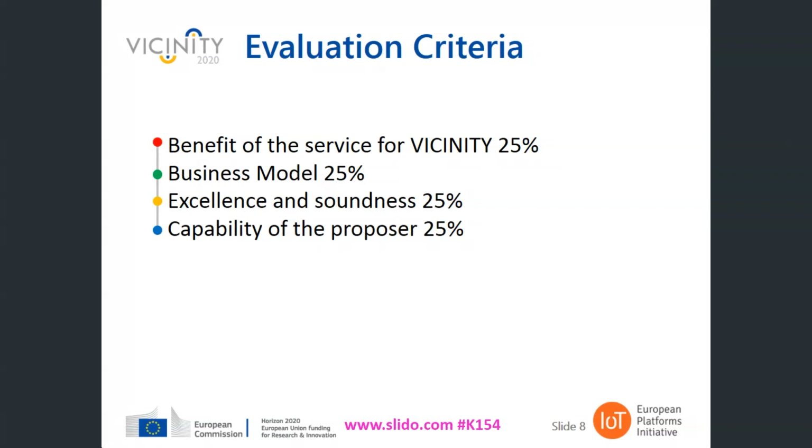The last criterion is the capability of the proposer. We want to see that you are capable of implementing this. For example, if you describe something to implement in a city, you must convince the reviewer that you can access the devices in the city, and describe your qualifications and the capacities your organization has to implement what you have described.